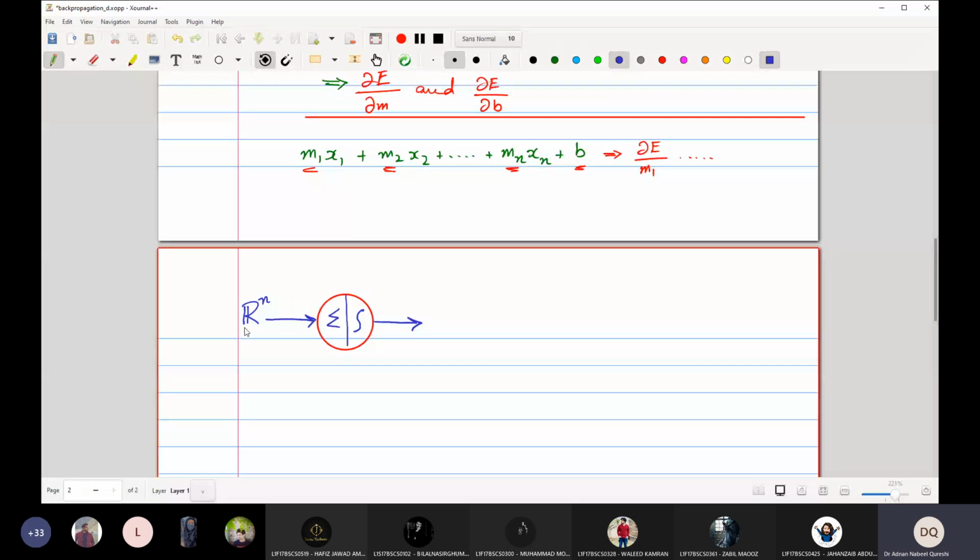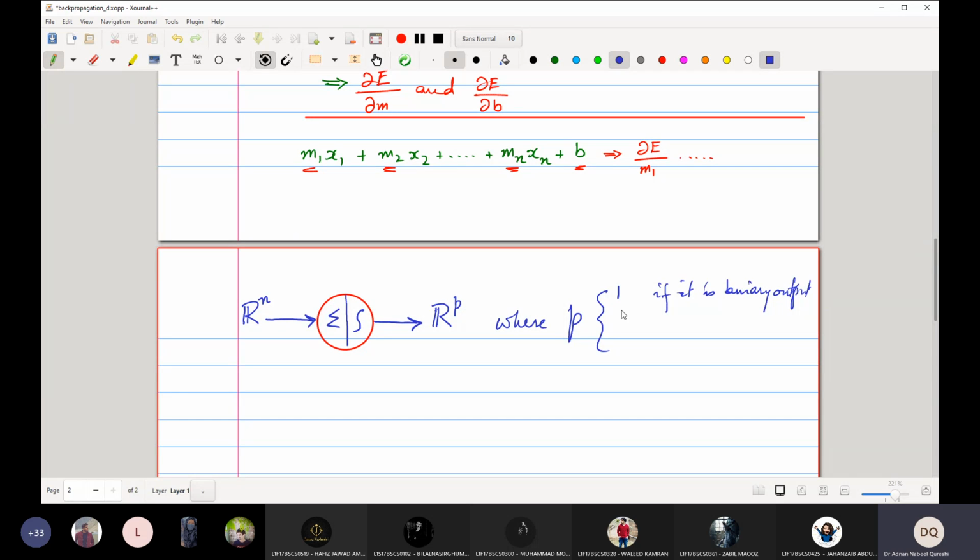Therefore, we can just say that Rn gets transformed into an output which could be just one number, or if it is an intermediate output, it will have p dimensions, where p could be 1 if it is just the output, if it is a binary output.